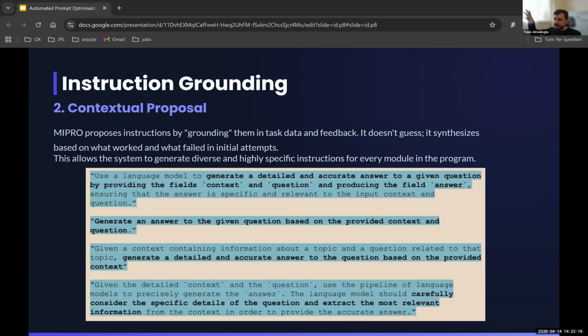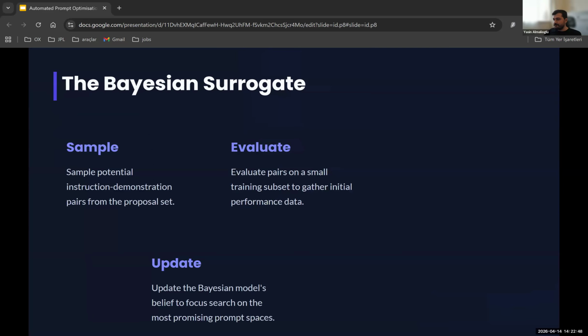It's like a history, a trajectory that keeps track of what worked well and what didn't work well. It also adds some prompting tips. These are some manual tips, basically, still there, but not much. They are super simple prompting tips, some sort of templates. And then eventually we get different instructions after this step.